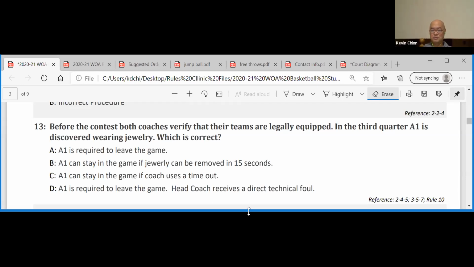After he takes his jewelry out. So if you ask the question, are they legally equipped? They'll just say yes every time, because there's no penalty for not being legally equipped. That seems silly to ask the question. There is a penalty to the player. What if it's their star player and he has to leave the game? I get that, but they could just say yes and not even worry about it.